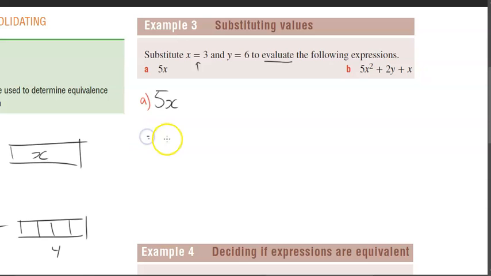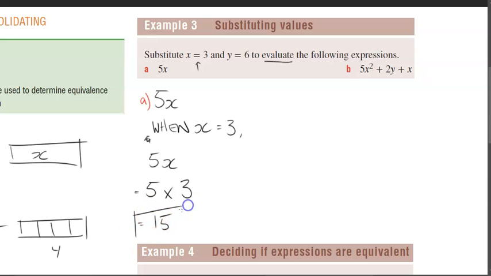So what we're looking for, and this is the format that you put it out as, when x is equal to 3, 5x is equal to 5 times 3, so we're replacing x with a 3, and remember there's an invisible times between a number and a letter, which is equal to 15. That's our final solution for that.